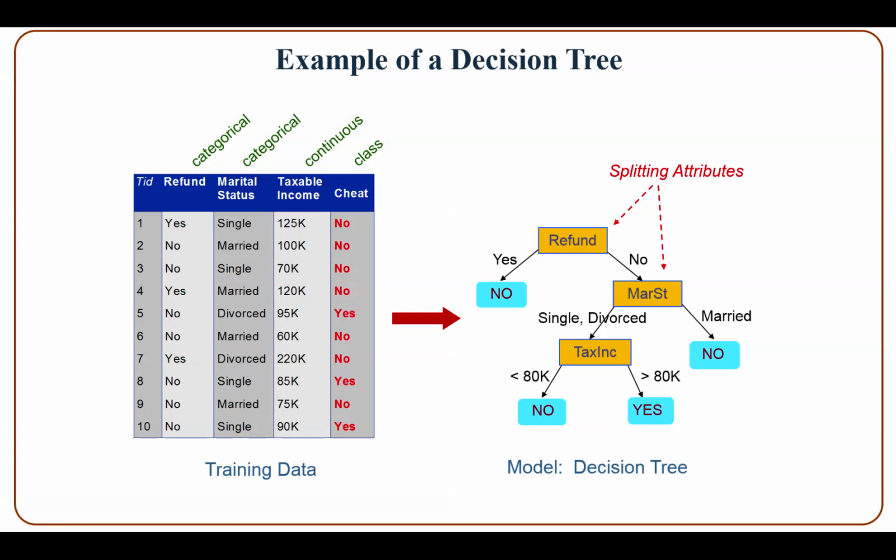Records in which marital status is married are labeled as no cheat. Otherwise, the next attribute, taxable income, is considered. Records with taxable income greater than 80K are labeled yes and otherwise no.